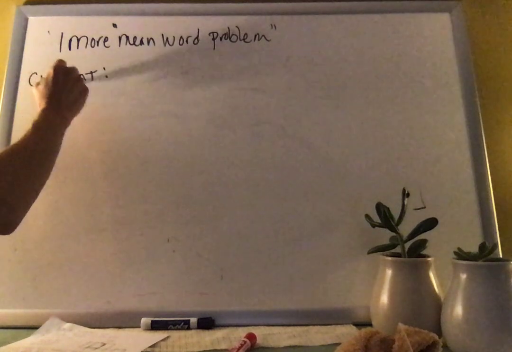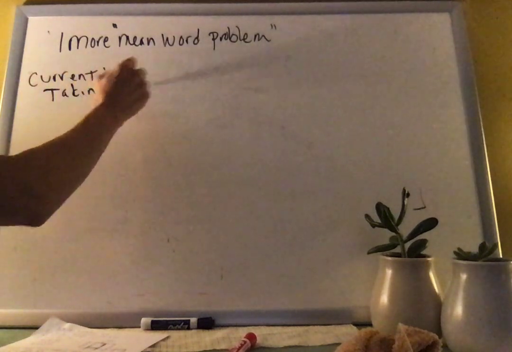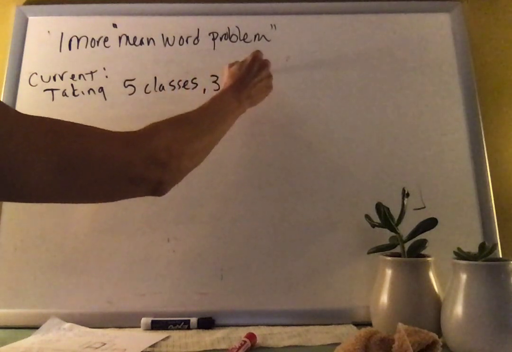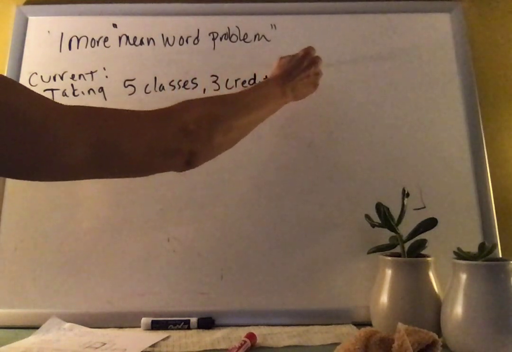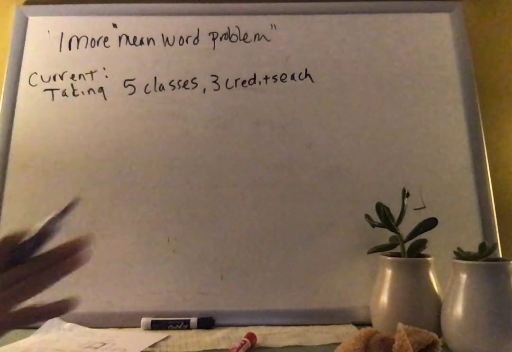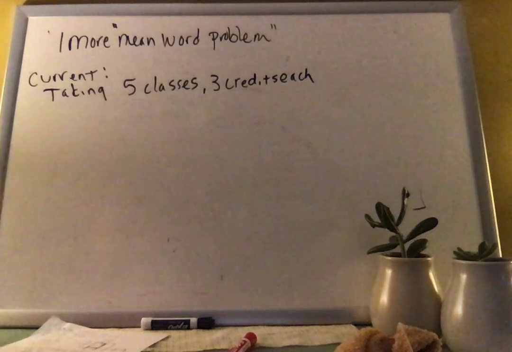I was taking 5 classes, 3 credits each. I actually had a 6th class, but it was like a pass-fail special class, so it didn't go into the GPA. So that's where my GPA was coming from.